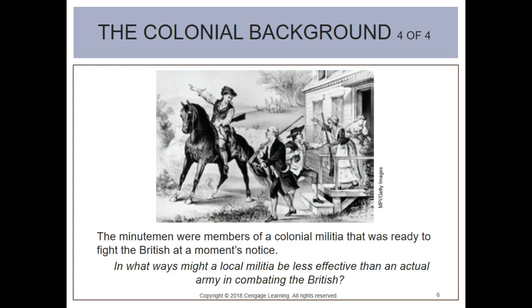The Minutemen, you may remember hearing about those in some previous classes or in movies and cinema, things of that nature. They were some of the first militia members of colonial America. And they were largely unorganized.